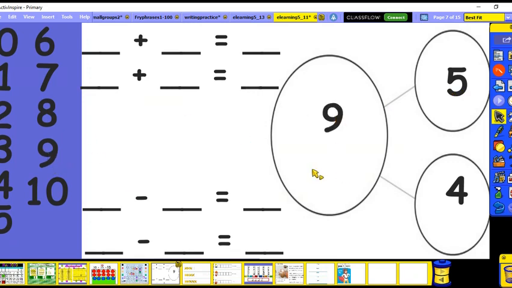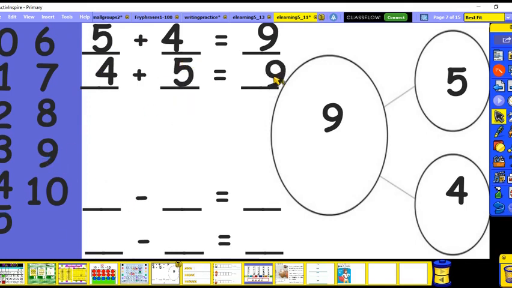So let's make our first addition sentence. 5 plus 4 equals 9. And our related fact, we're just going to change the order of the addends. 4 plus 5 equals 9. Now, we're going to start with the biggest number for both of our subtracting problems.